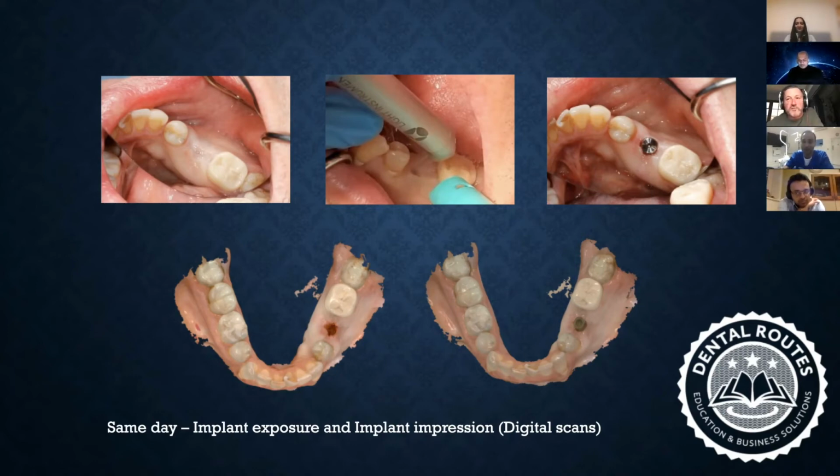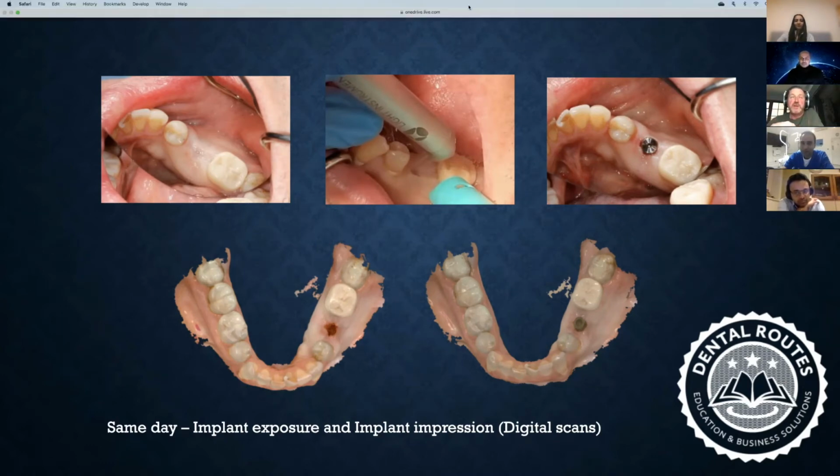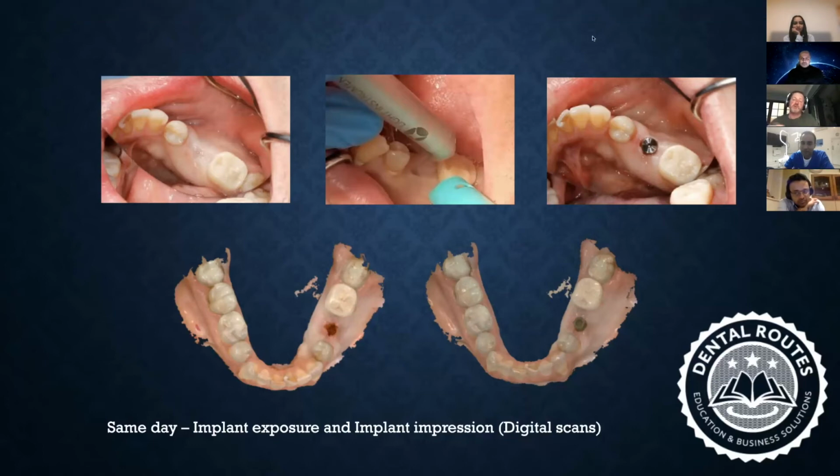Just a quick question for you, because what was going through my head was, when you do items which could be classed as more advanced surgery, maybe sinus lifts, am I right in saying that the laser would cut bone, but not the membrane? Correct. Absolutely.